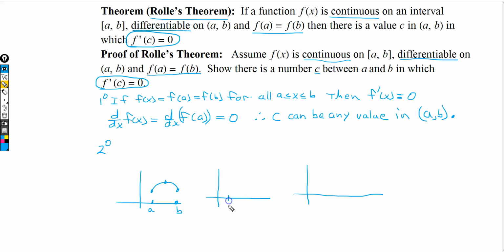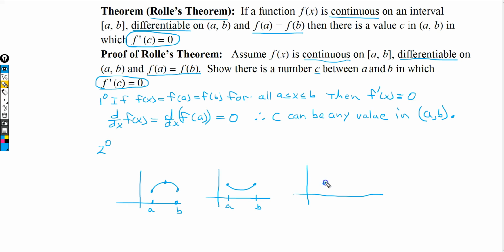We could also have a case like this, where the maximum value for f occurs at the endpoints, and we have a minimum value somewhere in between a and b. We might have multiple minimum values between a and b, but we have at least one.